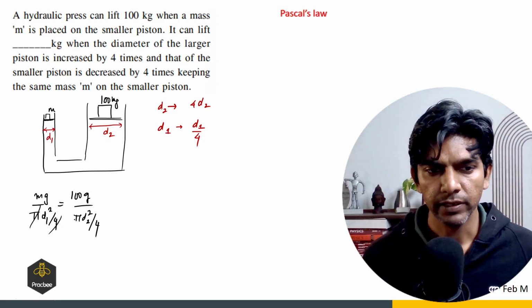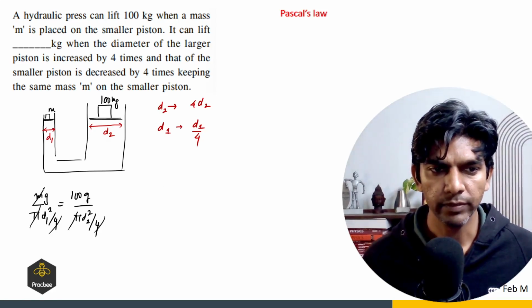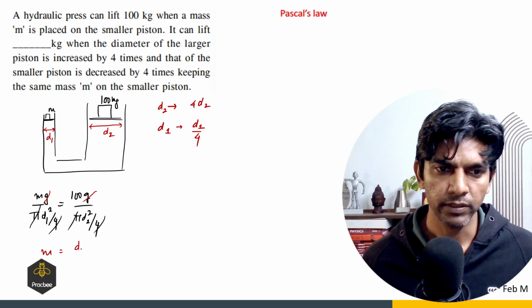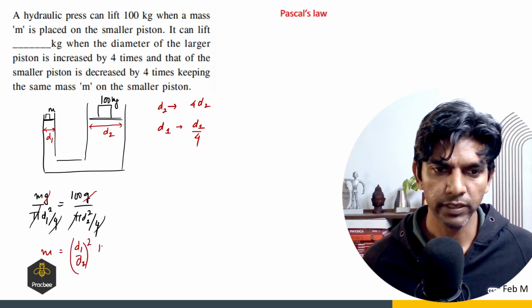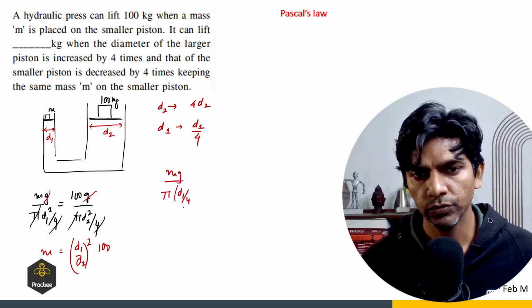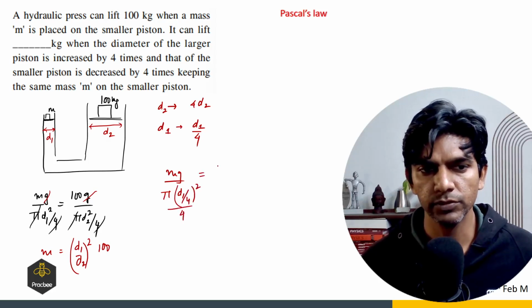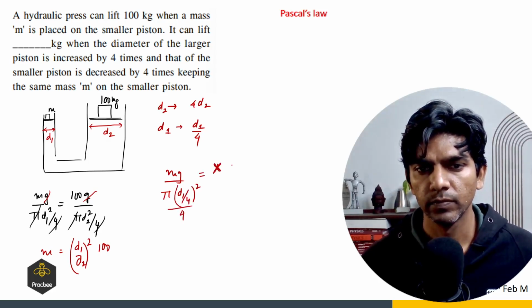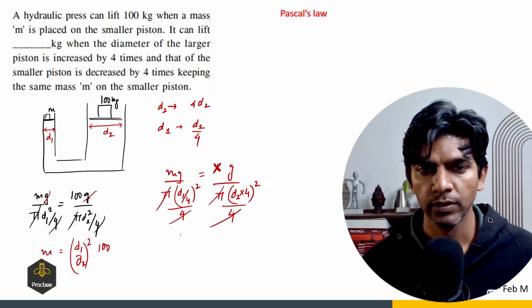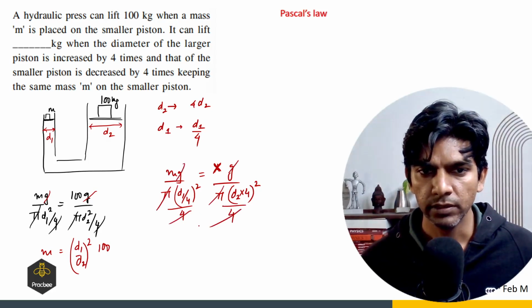From this pi will get cancelled out, and g will get cancelled out. So m is nothing but d1 by d2 square times 100, right? Now we have changed the diameters, so we can say mg divided by pi d1 by 4 square by 4 is equal to, say, x g by pi d2 times 4 square by 4. So this will get cancelled out, and g will get cancelled out.